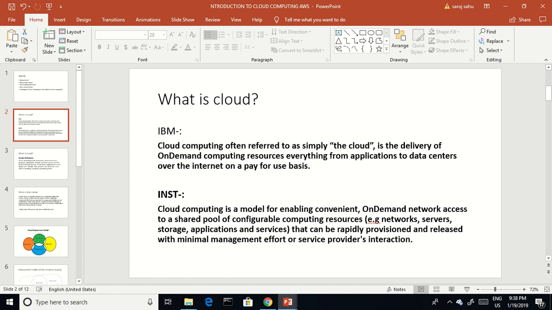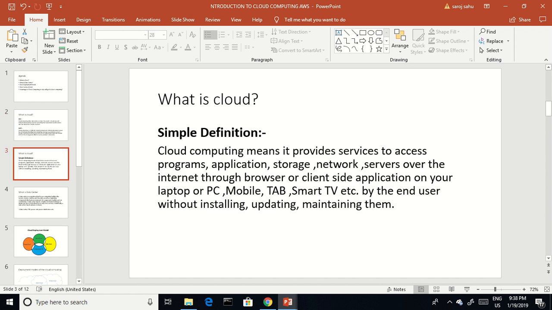So these are the definitions provided by IBM and NIST, and there are many definitions. There is a very simple definition: cloud computing means it provides services over the internet through the browser or client-side application, or mobile devices or smart TV, without installing, updating, and maintaining them.